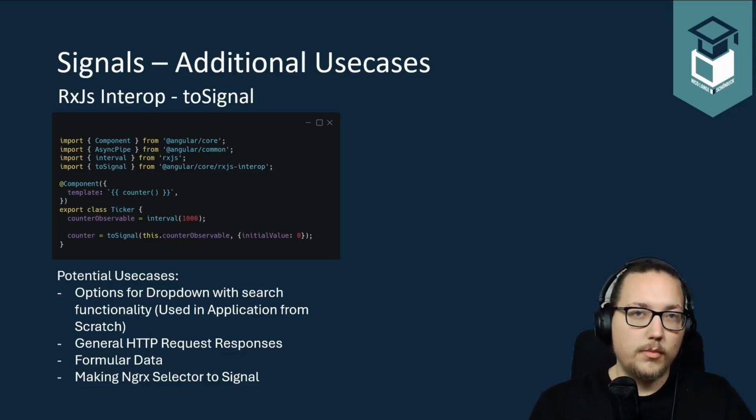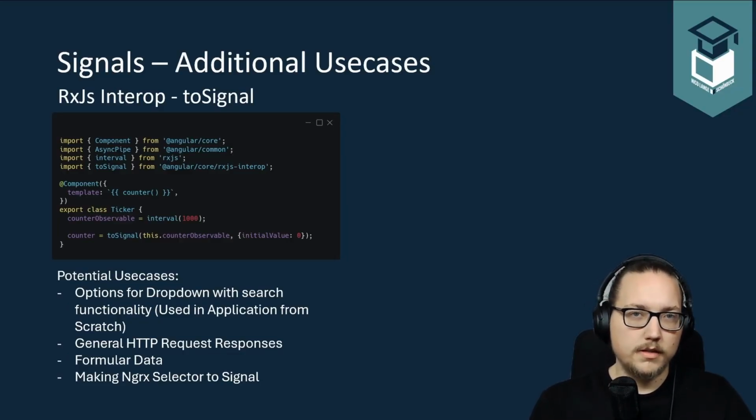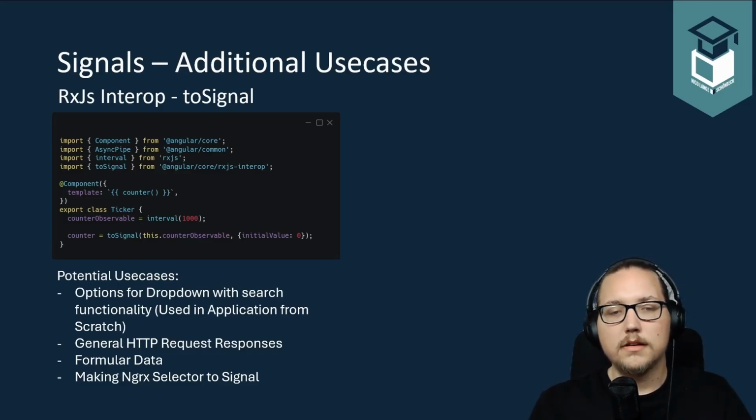Also, for form data, a good example could be a form control or generally reactive forms, where you use the valueChanges observable, and you can then use it with toSignal to get a signal out of the value changes.